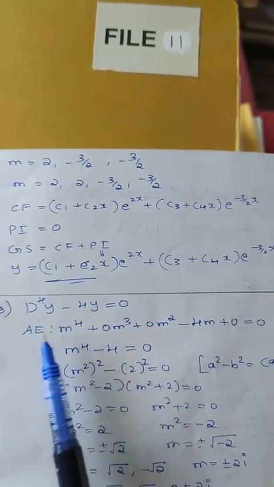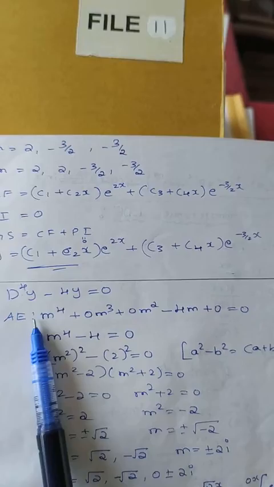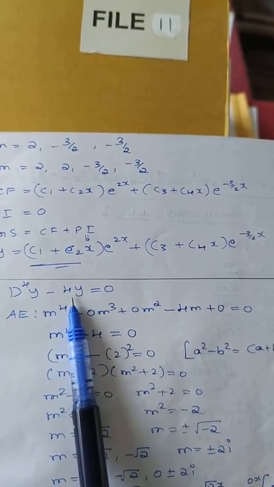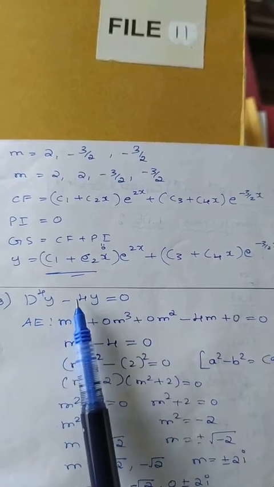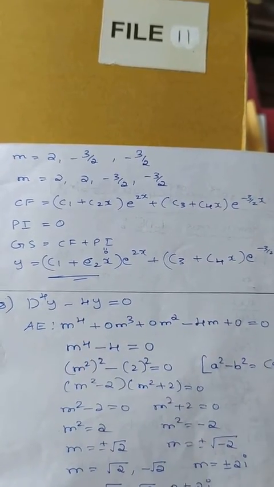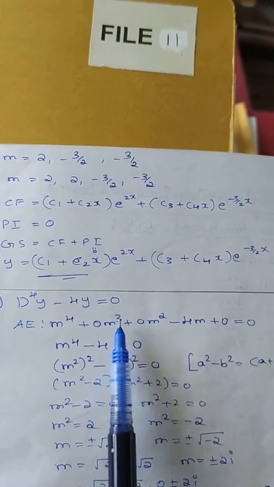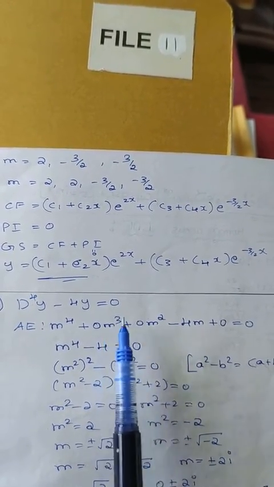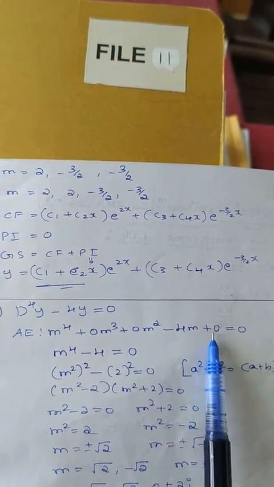In this case, D power 4 y minus 4 y is equal to 0. See, D power 4 minus 4. If you replace D by m, you get m power 4 minus 4 is equal to 0, which is the auxiliary equation. Now, the coefficients of m cube, m square and the constant term are also 0.